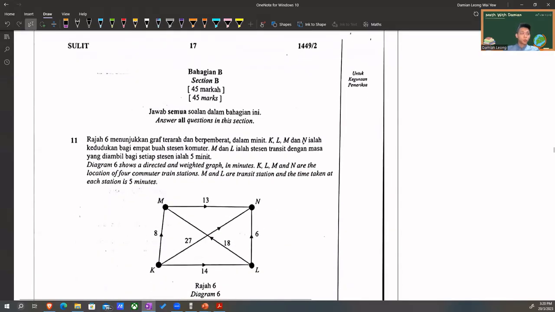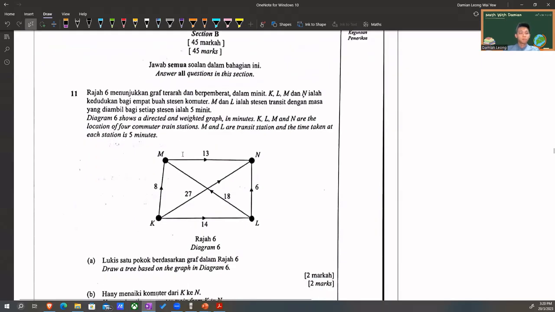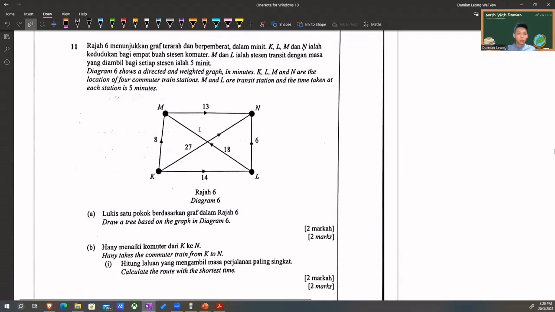Okay, then we go into section B, question 11. Here I have a directed automated graph. So first, part A, I want to draw a tree based on the graph in diagram 6. So actually, this one, there are many trees I can draw.